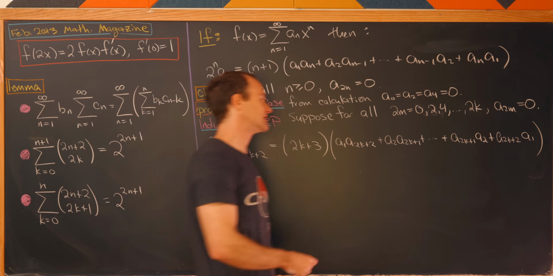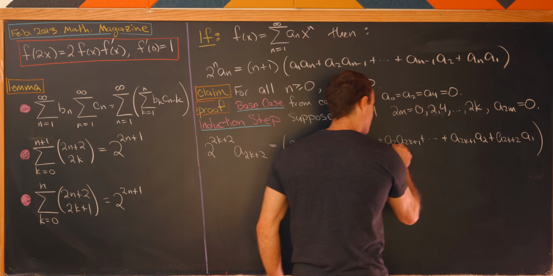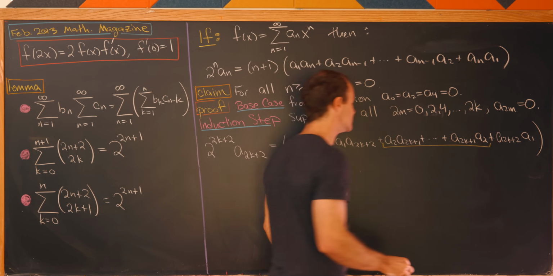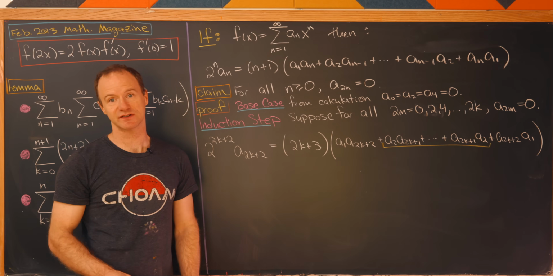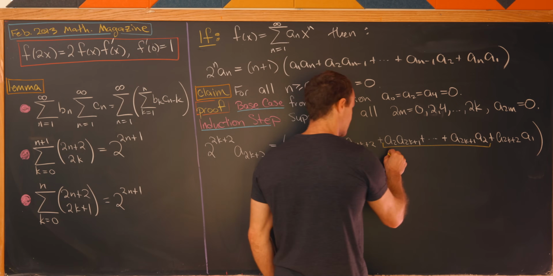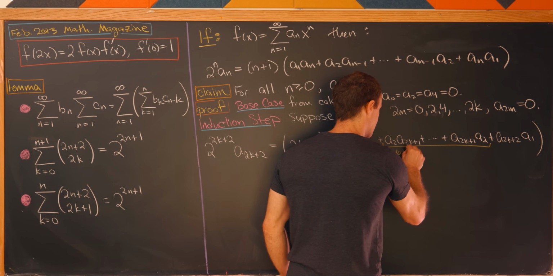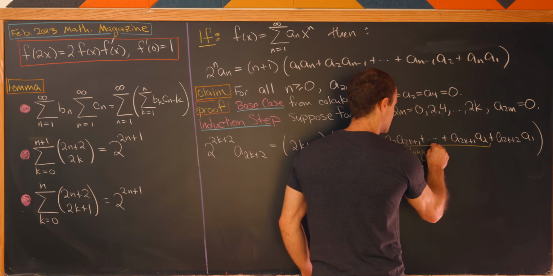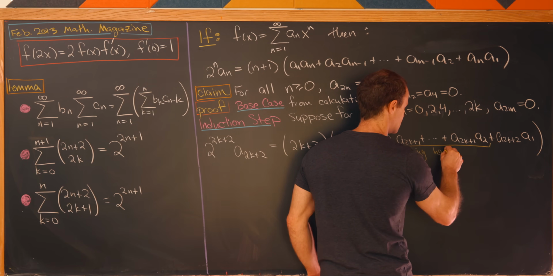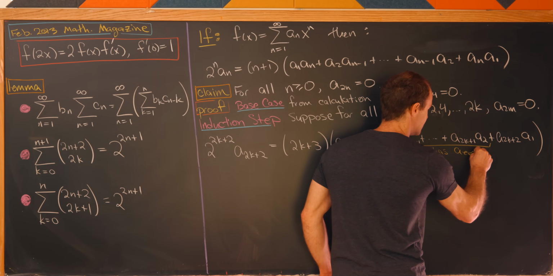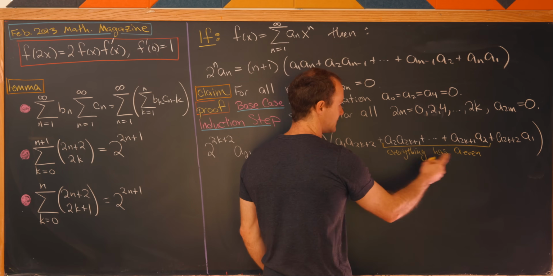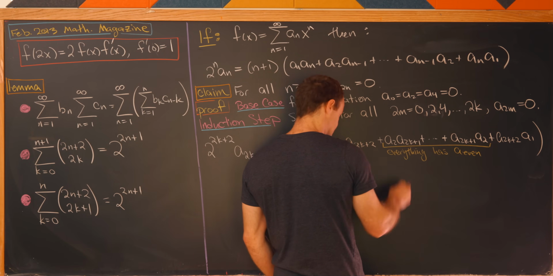But now let's notice that everything in here in the middle includes as one of its factors an even indexed term. So everything has an A sub even term. But that means that these are all equal to 0.